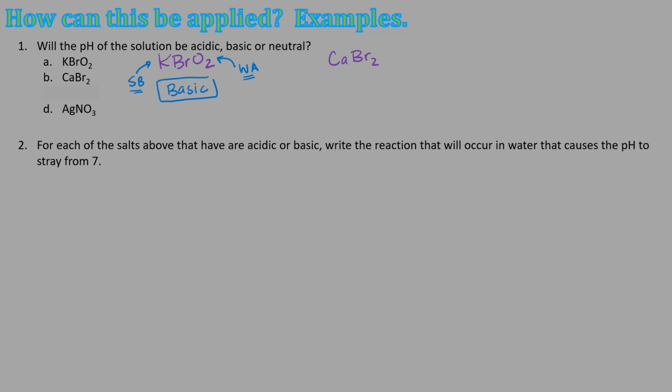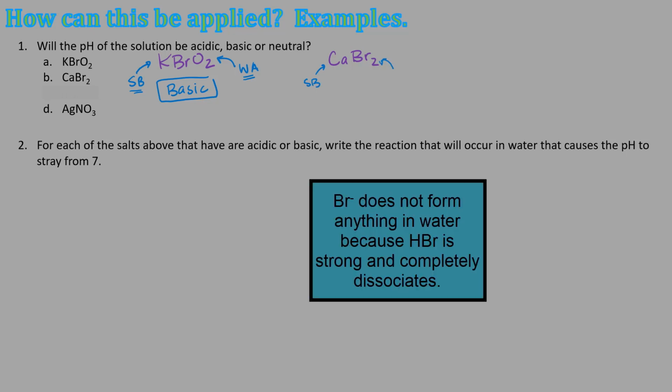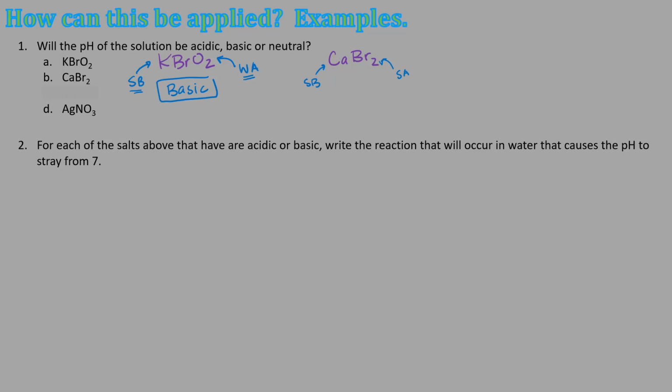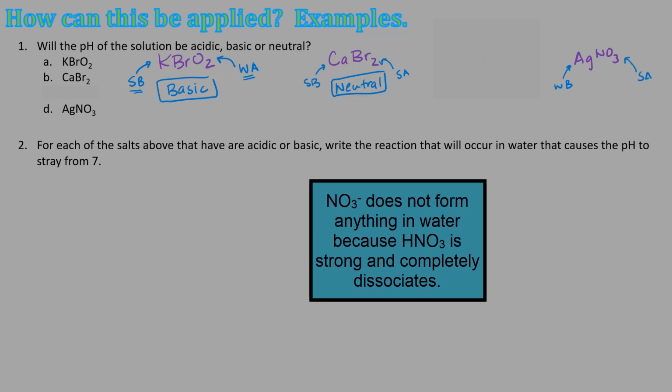Calcium is going to make a strong base, and hydrobromic acid is a strong acid. So since it's a strong base and strong acid, this makes a neutral solution. All right, and then we have silver nitrate. So this is a weak base, and this is a strong acid, and so this makes an acidic solution.